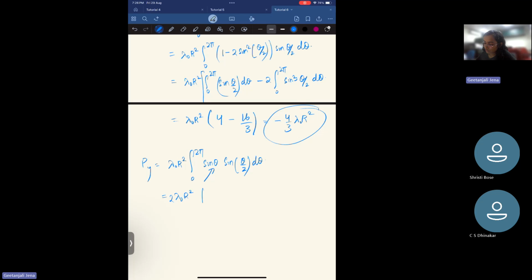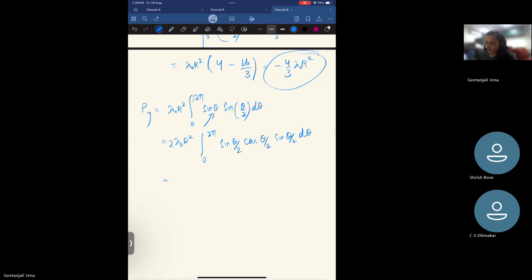So this is 2 times the integral from 0 to 2 pi of sin theta by 2 cos theta by 2, and again we have a sin theta by 2. So lambda 0 r square integral of sin square theta by 2 cos theta by 2 d theta.